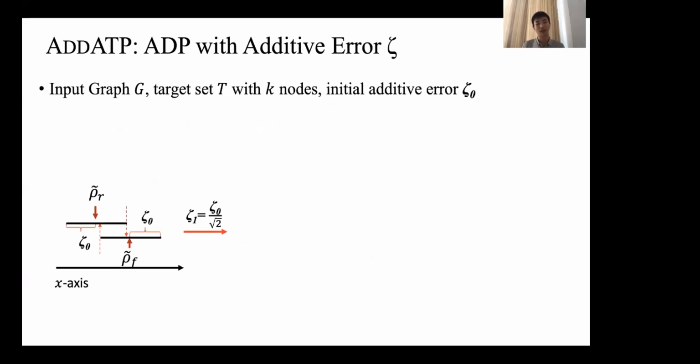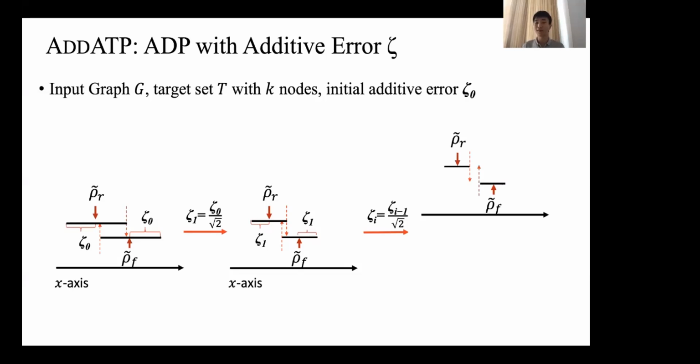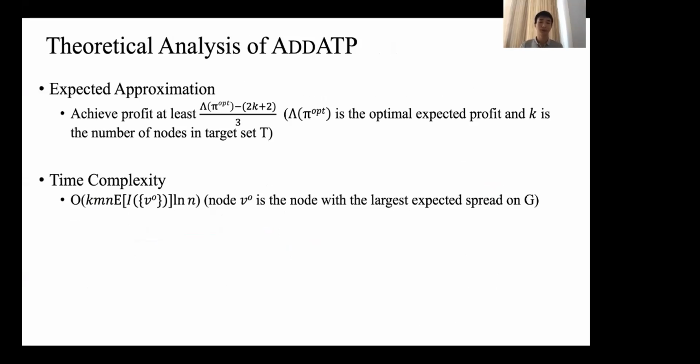In this case, we just reduce the error, then we re-estimate the two functions until we find that the two functions can be separated clearly. We choose the larger one, or if the error is small enough, we can also terminate. We prove that this algorithm, by taking into consideration the sampling error, can also provide theoretical guarantees.